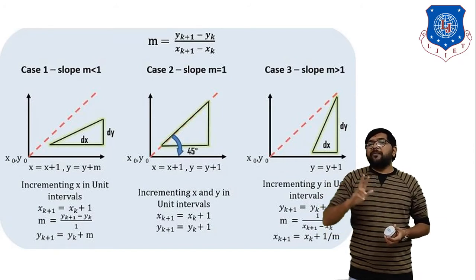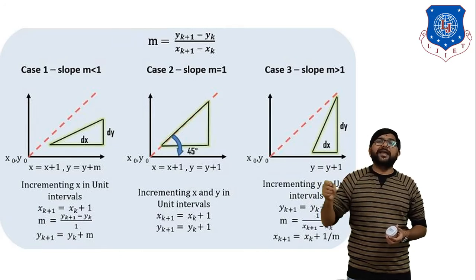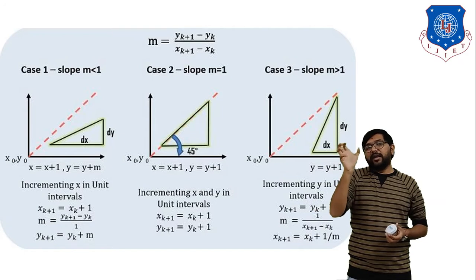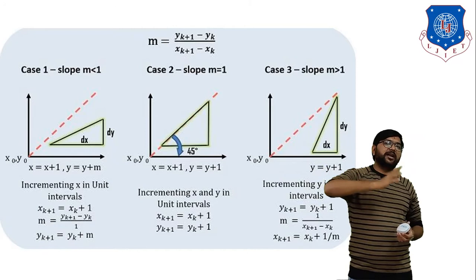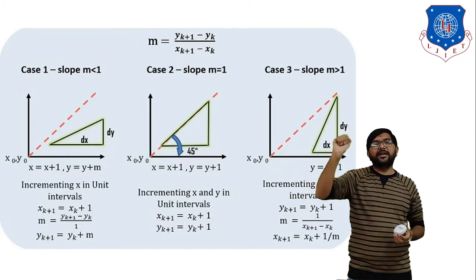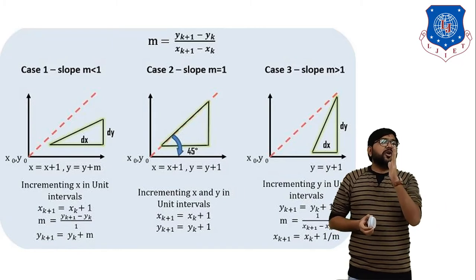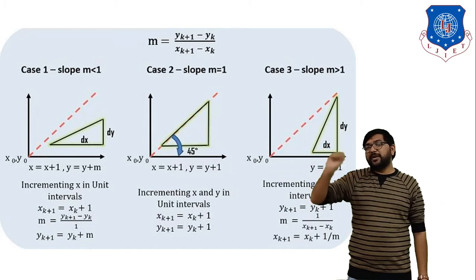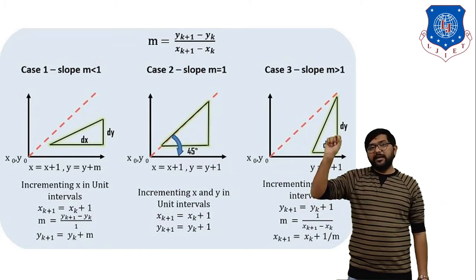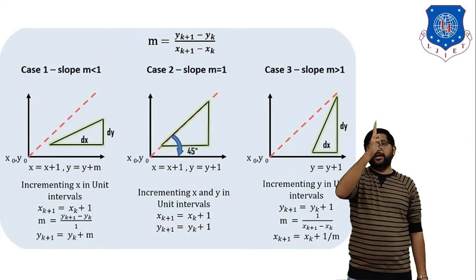If the slope is less than 1, that means the angle of the line is less than 45 degrees. If slope m is greater than 1, that means the value of theta is greater than 45 degrees. Clear? One more thing, if the slope of the line is less than 1, the line always passes between 0 and 45 degrees. If the slope is greater than 1, the line passes between 45 and 90 degrees.